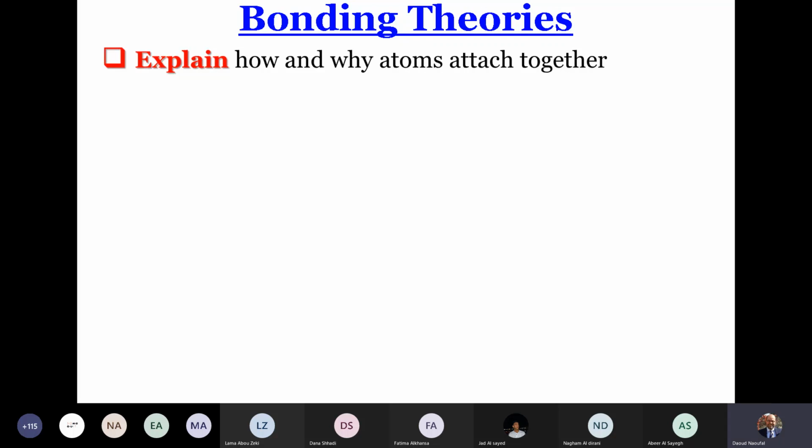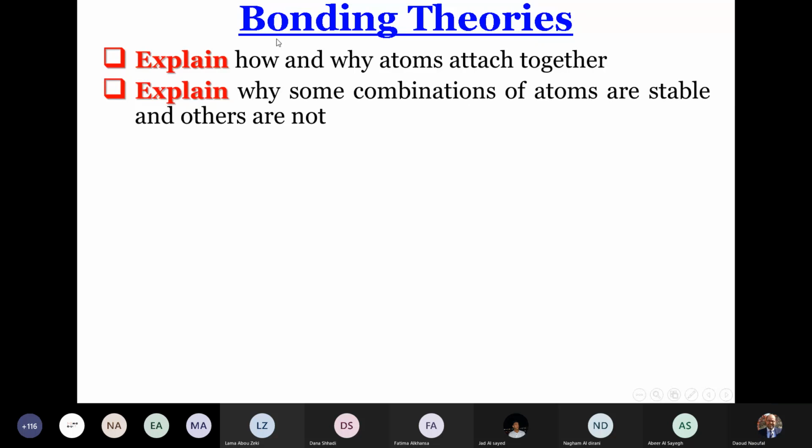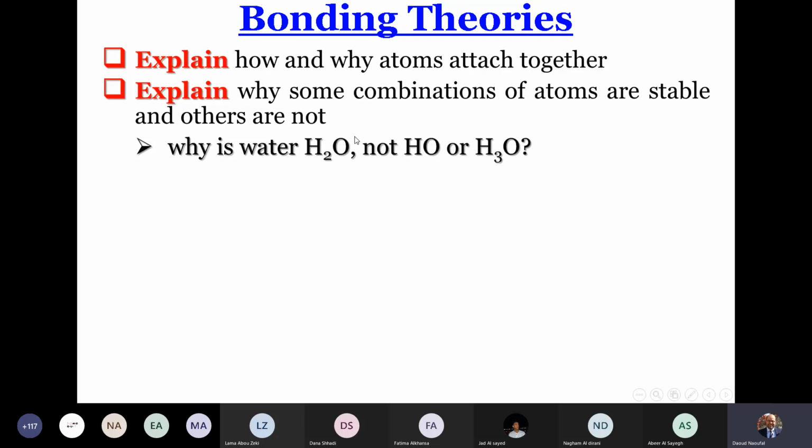So the aim of the bonding theories is to explain how and why atoms attach together. The bonding theories also explain why some combinations of atoms are stable and others are not. For example, if we consider water, the molecular formula of water is H2O.